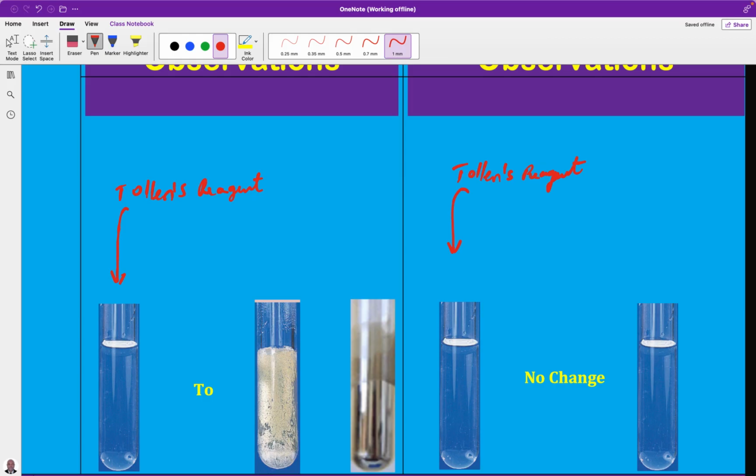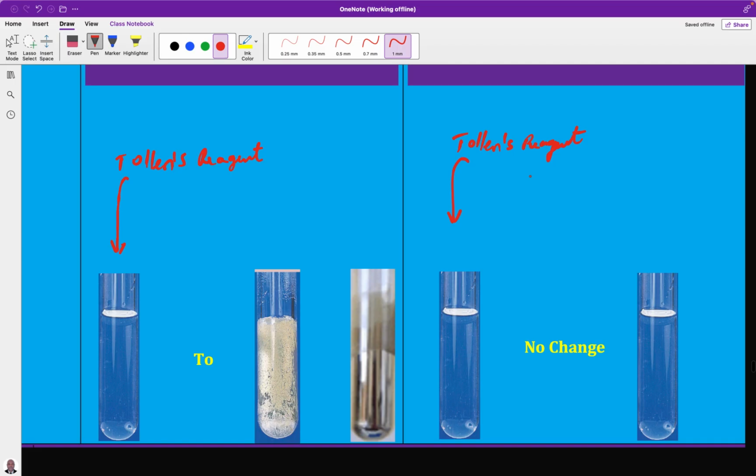When a freshly prepared Tollens reagent is added into a test tube containing ethanol and warmed in a water bath for a few minutes, you will observe a gray precipitate.